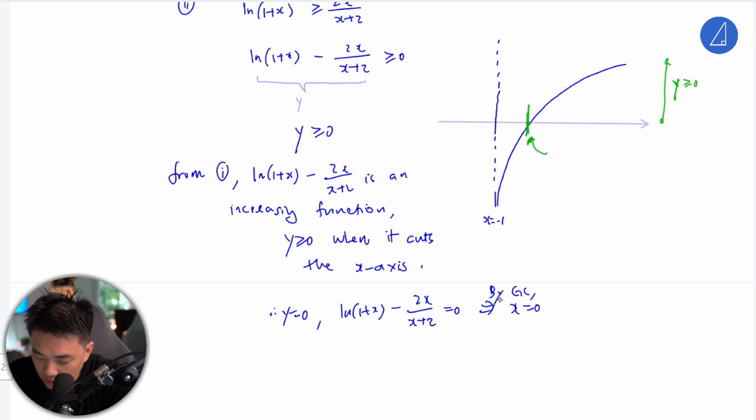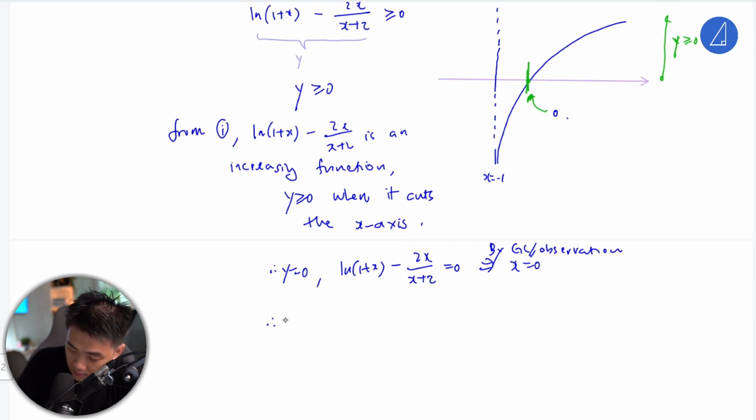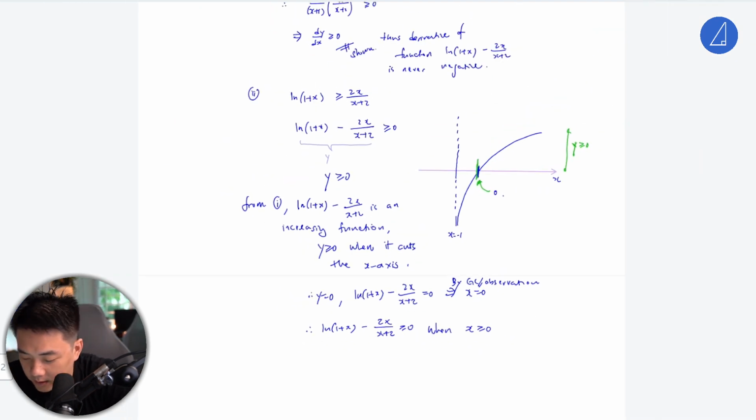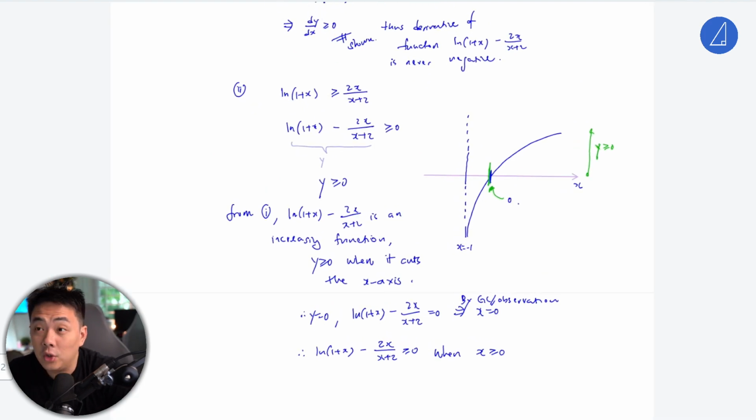So this intercept here is 0. Hence ln(1 + x) minus 2x over x + 2 is at least 0 for x at least 0. That's how you use the previous result to show the second part.